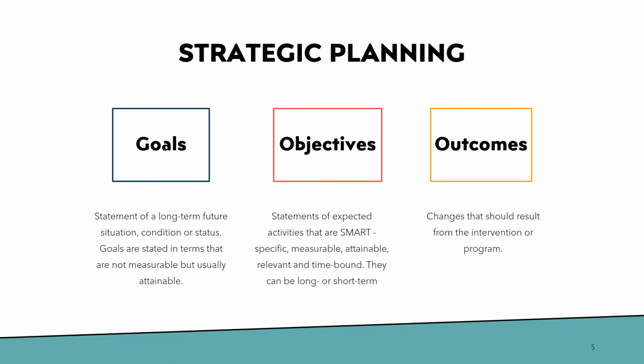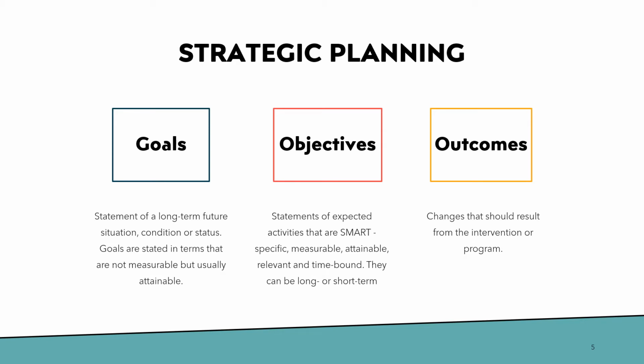So the text kind of jumps right into discussion of outcomes, but if you don't have a background in quality assurance and you haven't ever taken a course on program development or evaluation, it can be confusing. The terminology can be a little bit confusing. So I just want to step back for a beat and say that goals, objectives, and outcomes are how you work through strategy for implementation.